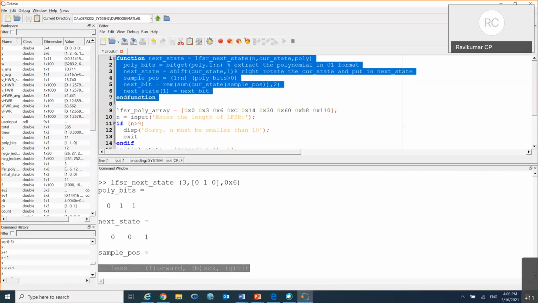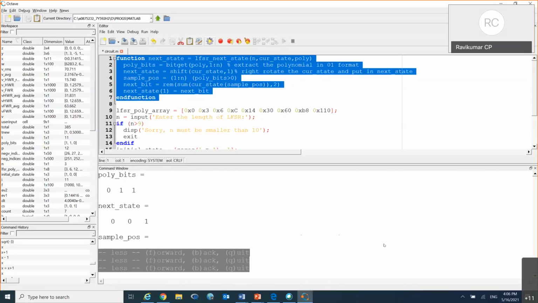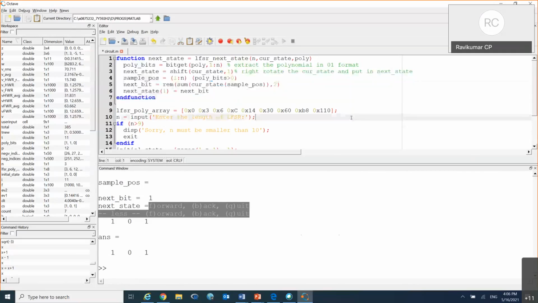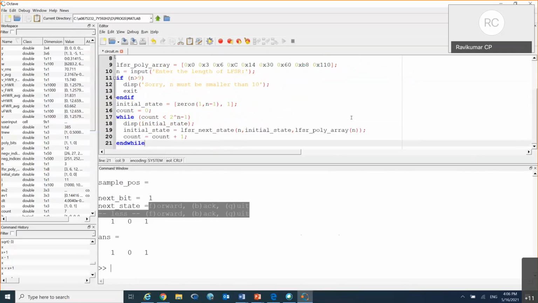Then poly bits is... oh, it's correct here. 101 is correct. Then why is it not giving that here? I'm finding it very strange.